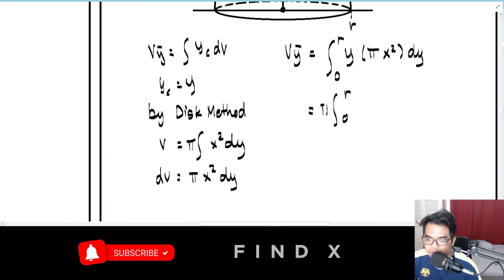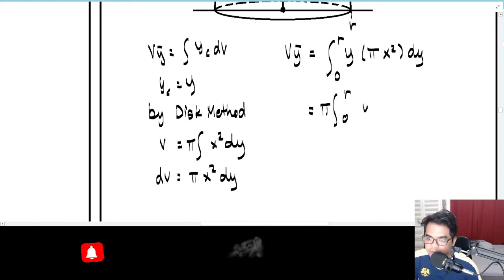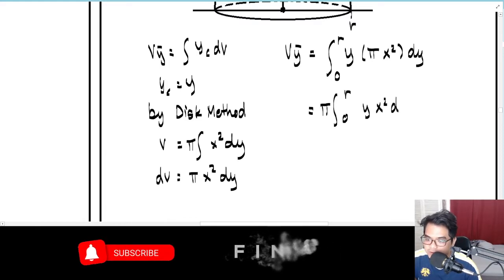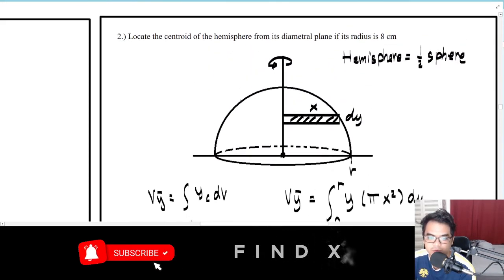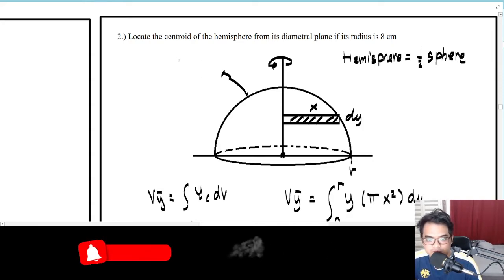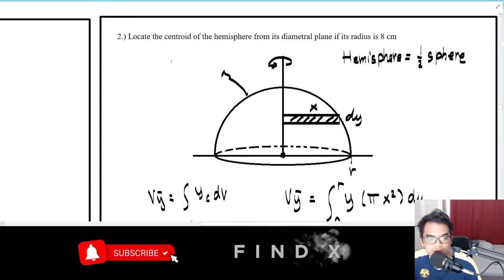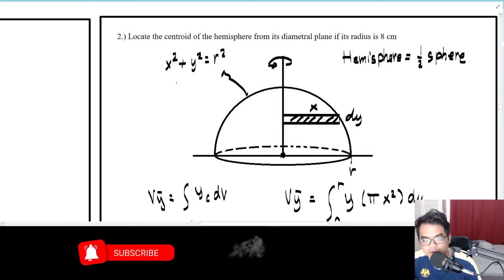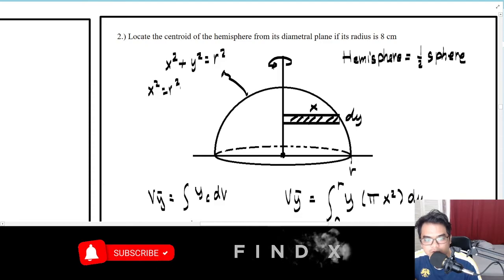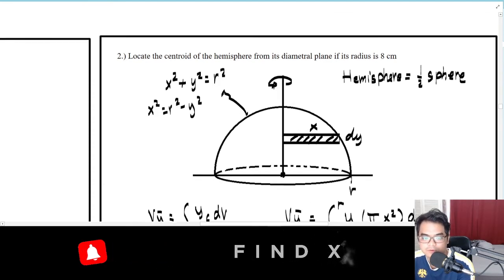We can bring out pi, so you'll have the integral of y x squared dy. Going back to the original, remember that the equation of this one, since that is a circle, is x squared plus y squared equals r squared. We are looking for x squared, so x squared is simply r squared minus y squared.